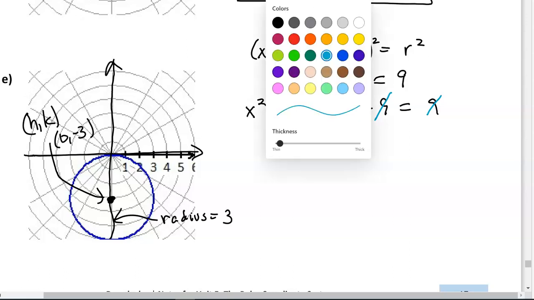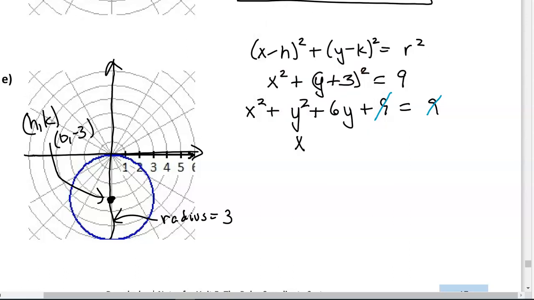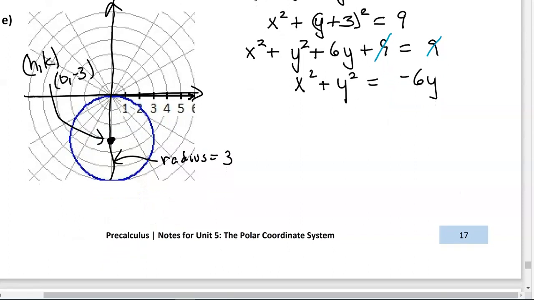And then let's go ahead and subtract 6y from both sides. What that'll do is it'll separate out our x squared plus y squared, which can be replaced with r squared, and y can be replaced with r times the sine of theta.